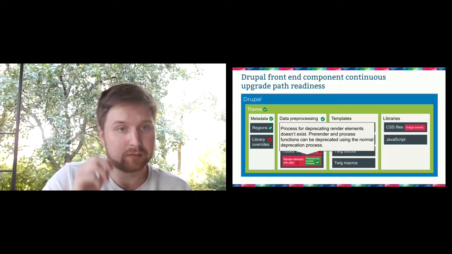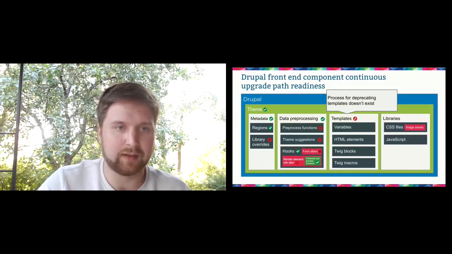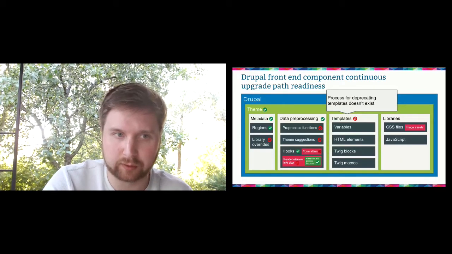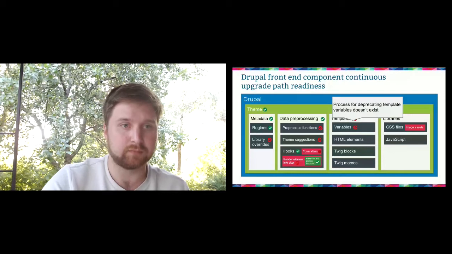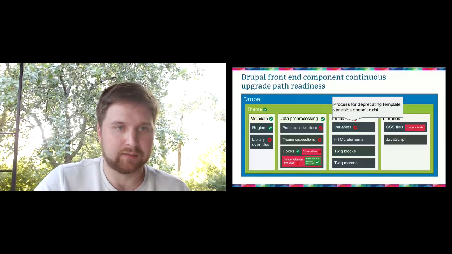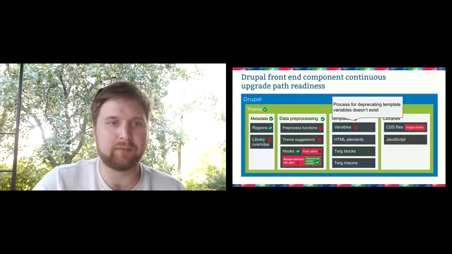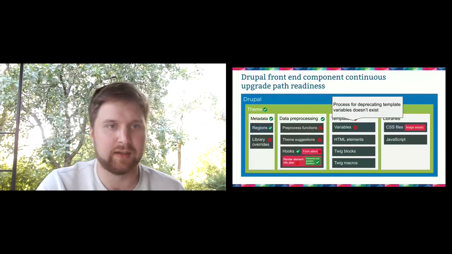Then deprecating templates doesn't exist yet. So for example, if we wanted to remove a template from Drupal core, we would have to first deprecate it, and we don't have a process for that right now. Then inside the templates, we have variables, and a process for deprecating template variables doesn't exist yet.